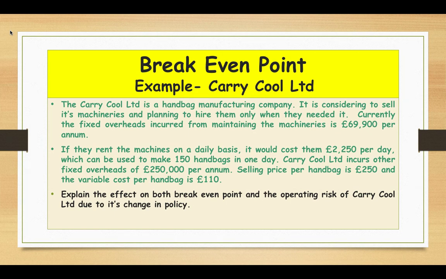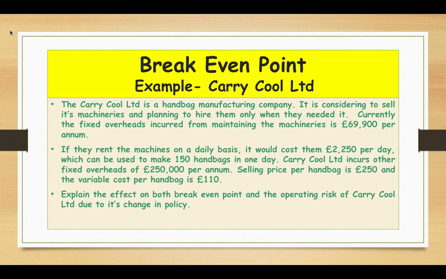So having those machineries, the company is incurring £69,900 of fixed cost per annum. They're trying to sell those machineries and hire them whenever they need it. The rental cost for those machineries is 2,250 per day.